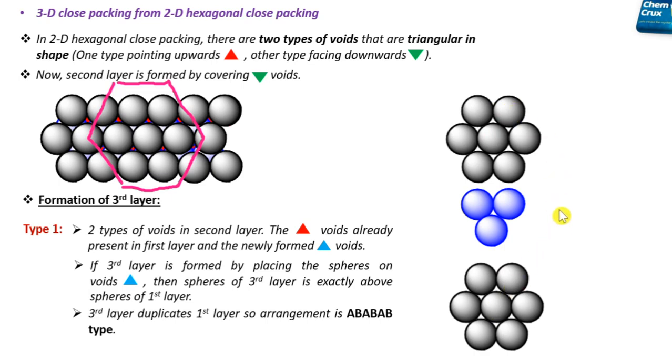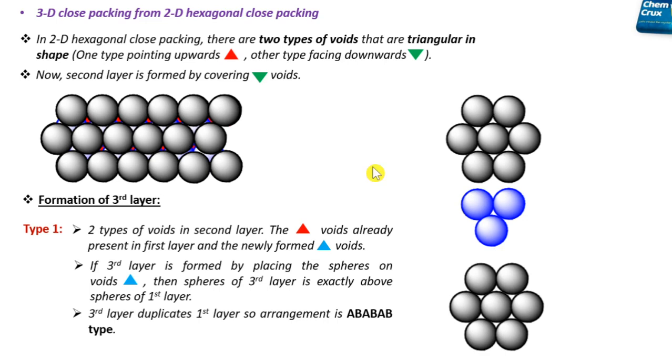Correct? Now this was the view of the arrangement from the top, right? That is, we were viewing the spheres from upwards. Now we want to view the arrangement from the front. So how will it look?